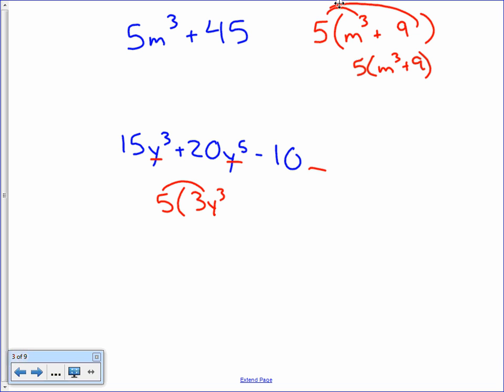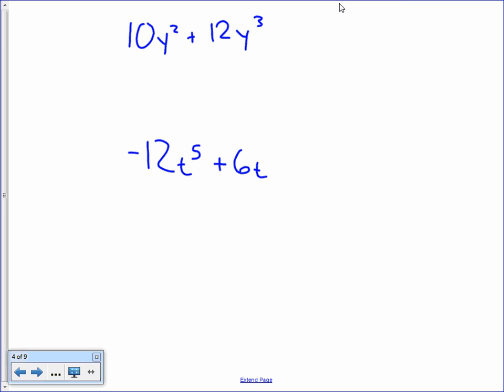So again, undistribute. 5 times what will give me 20y to the fifth? That'll be a 4y to the fifth. And 5 times what will give me a negative 10? That'll be a negative 2. So you can have negatives in these. So 5 times 3y to the third plus 4y to the fifth minus 2. And if you're ever unsure, you can always just distribute it and see if you get the same answer.